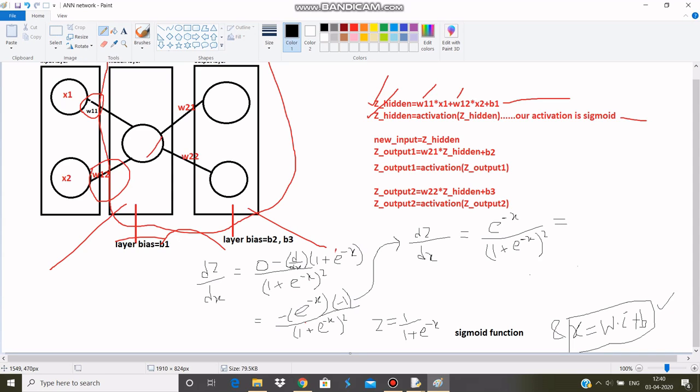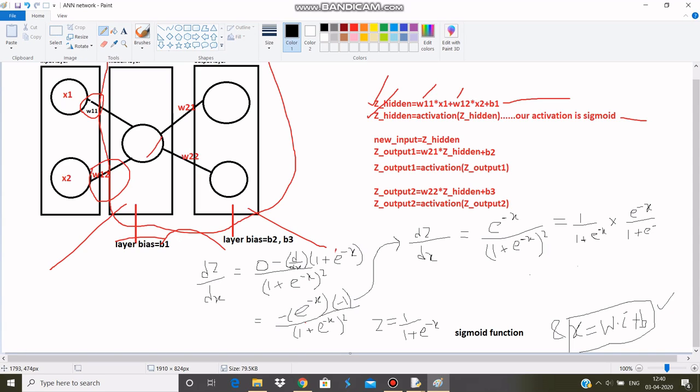So after this, we'll arrange this a little bit, like we'll form 1 divided by 1 plus e to the power of minus x, and we'll make this as one term multiplied by e to the power of minus x divided by 1 plus e to the power of minus x.